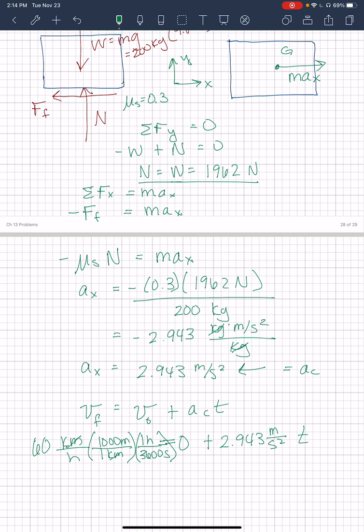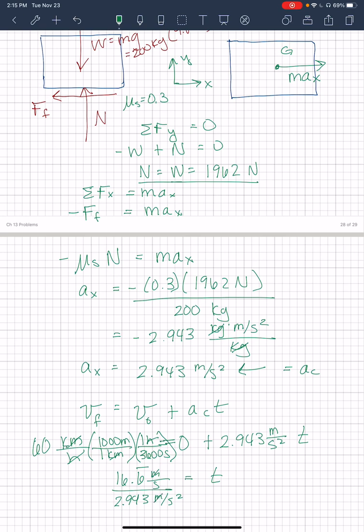And so we get time equal to, if we multiply this out, 16.6 repeating, and the hours cancel out, so that's meters per second. That equals time, and then we divide that by the 2.943 meters per second squared.